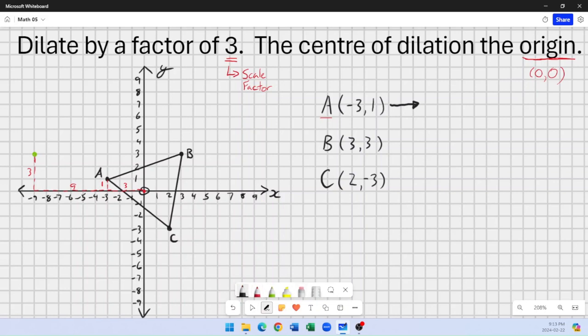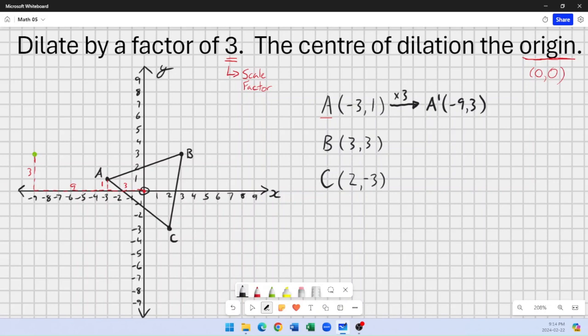So -3 and 1, don't worry about the signs, just worry about the numbers. We're going to multiply both coordinates by 3. That'll give me -9, and 1 times 3 is 3. That's where I plotted my first point. I totally forgot that we need A prime. Let me write that one more time. There we go.